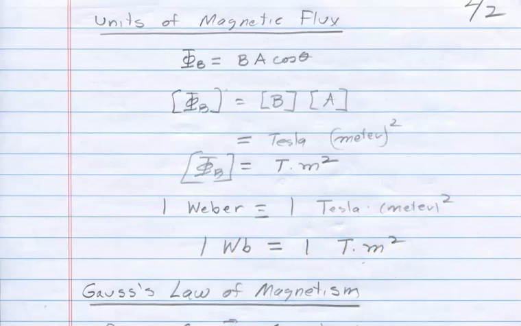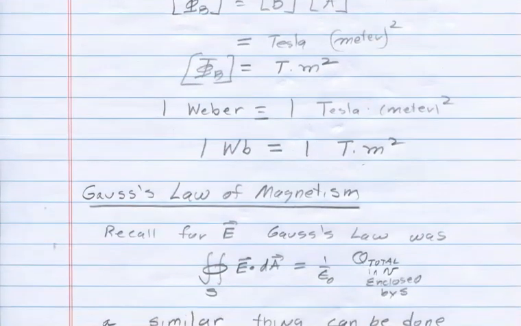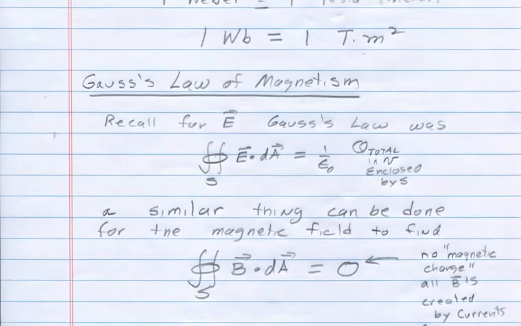So people started looking at magnetic flux and thought, well, surely one could get something like Gauss's law for magnetism, for the magnetic field. And in fact, you do. Remember, Gauss's law for the electric field was one way to write it, or we wrote it, like this.